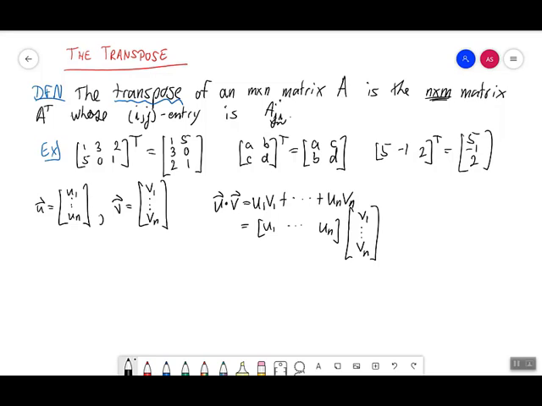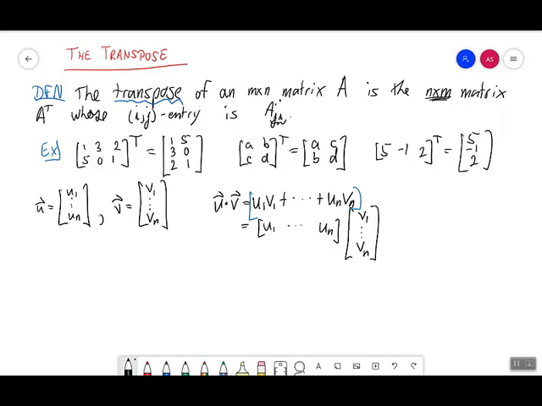Now, I'm being a little sloppy. Technically, I should have these brackets here, but for many purposes, we usually leave those out when it's just a number. So usually when we're writing a one-by-one matrix, unless we want to specifically emphasize that we're dealing with a one-by-one matrix, we'll just write it as a number, without the brackets.